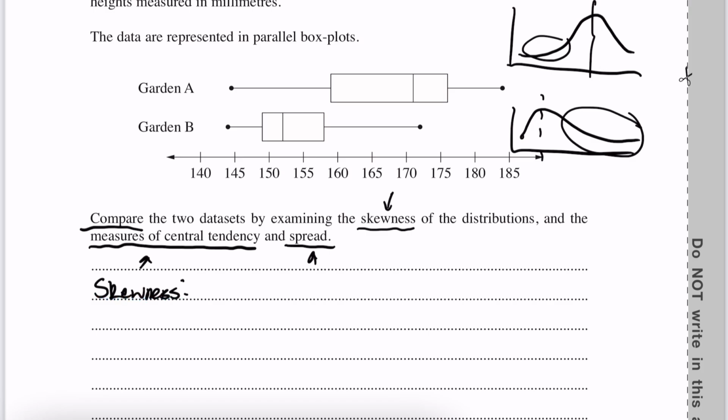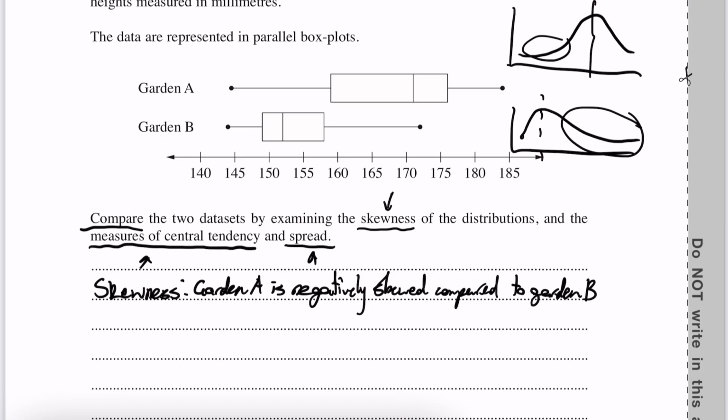So what we will say is that garden A is negatively skewed compared to garden B, which is positively skewed. Cool.